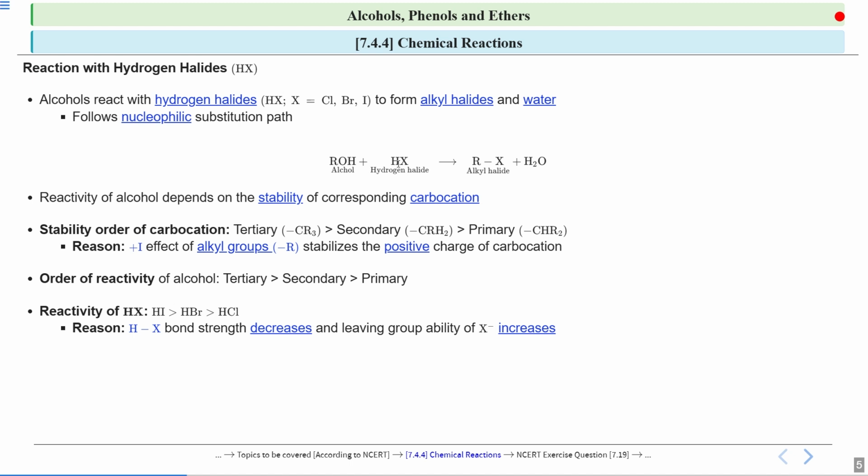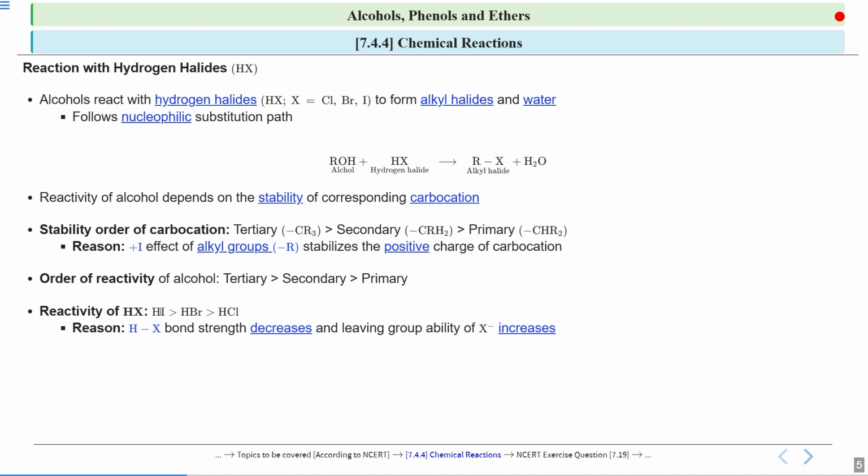Your HX bond has to break, because your X, which is acting as a nucleophile, has to attack this carbocation. So your hydrogen halide bond needs to get broken. If the strength between hydrogen and halide is less, then your halide can easily leave. So if the bond strength is decreasing, the leaving ability is increasing.